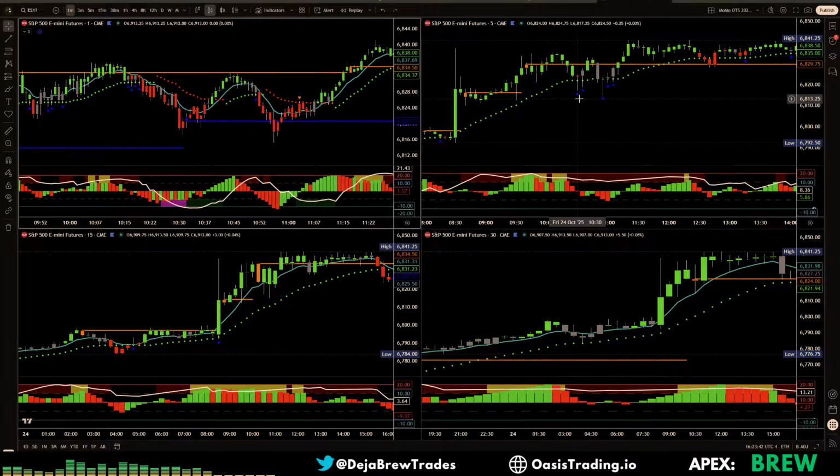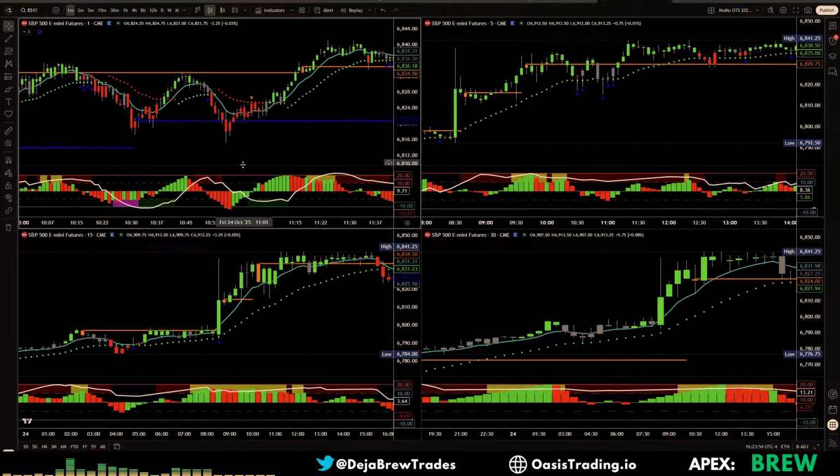So 5 minute is telling us buy the dip, 5 different times. Confirmation on the 1 minute with that pivot and the combo, the purple shading. And then we had a little bit of a pullback into that pivot, which did break a little bit, but then it instantly flipped back into buyer momentum.